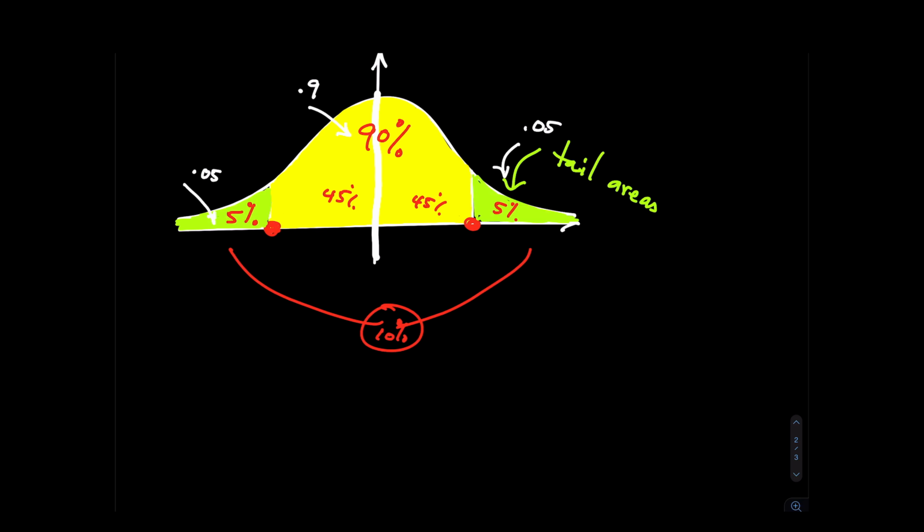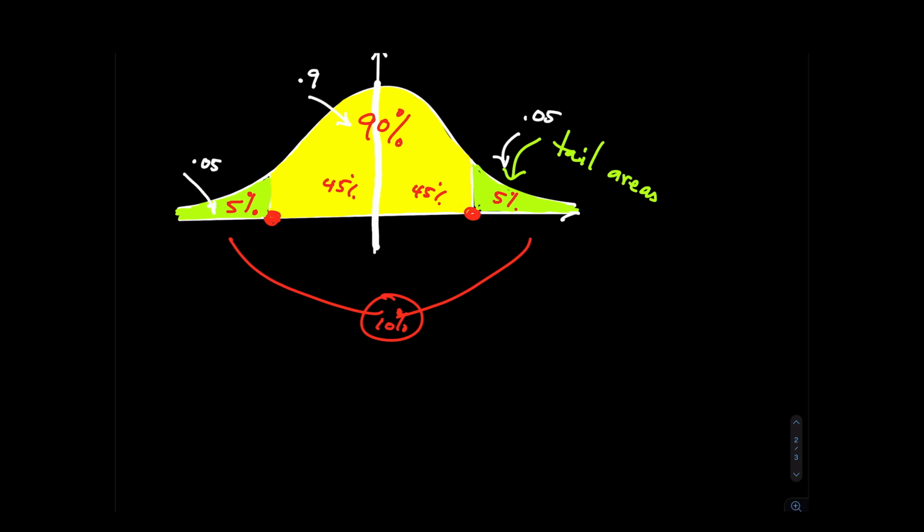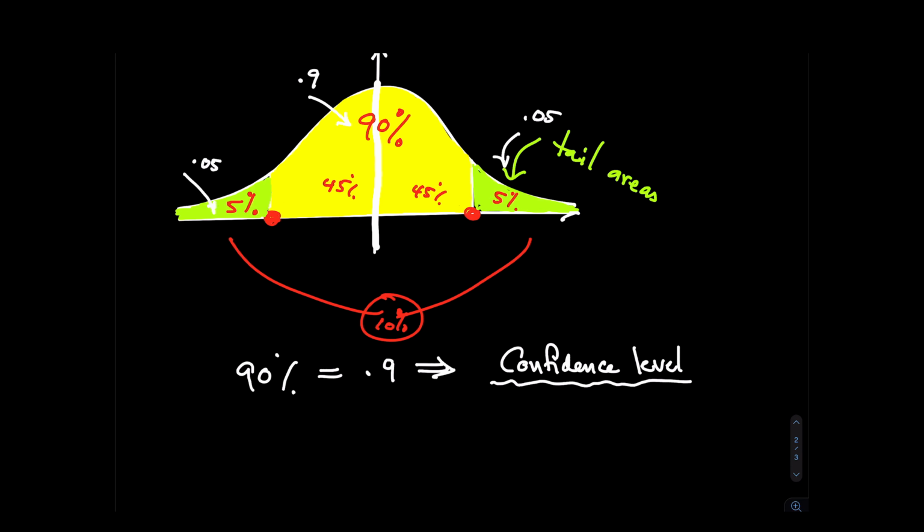Now these things have names. When you have the area of the center of the normal distribution, which is 0.9, the area of the belly of the normal distribution, I call it, that 90%, guys, which is 0.9, we call the confidence level. You'll see that word a lot in the next module, but that's what they call it, the confidence level.